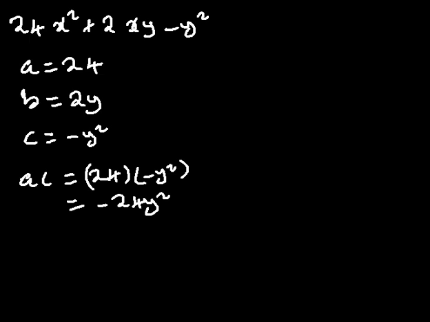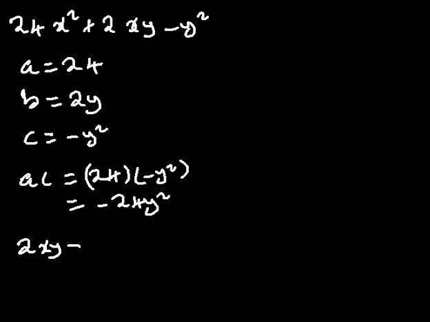So think of the pair of factors of negative 24y squared that when we add will give us the value of b, which is what we have at the middle.